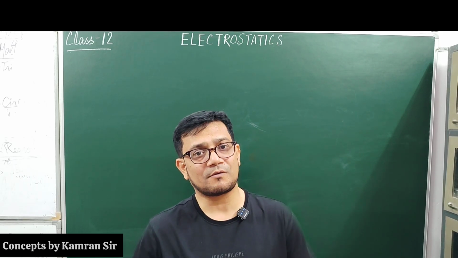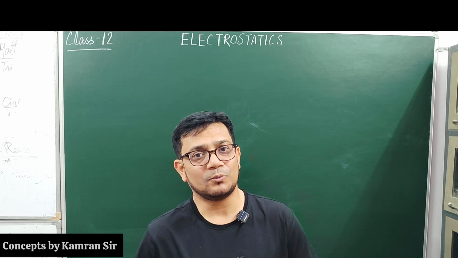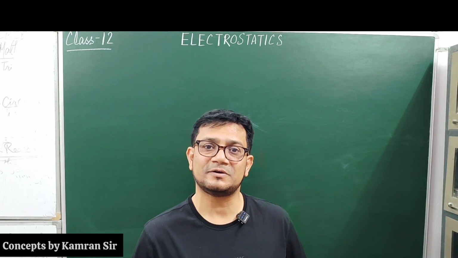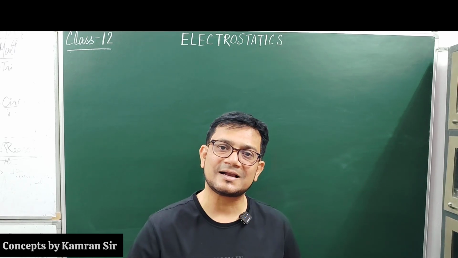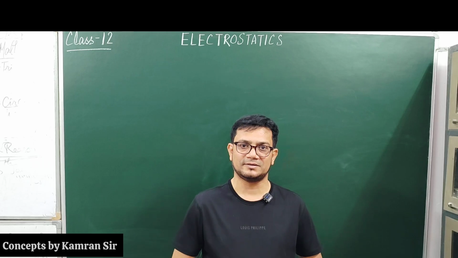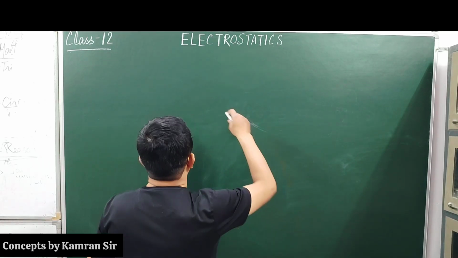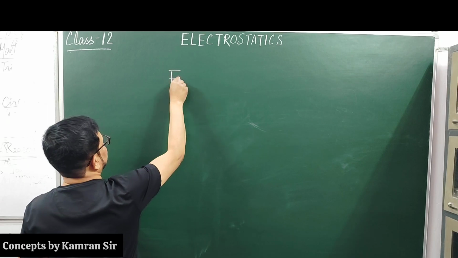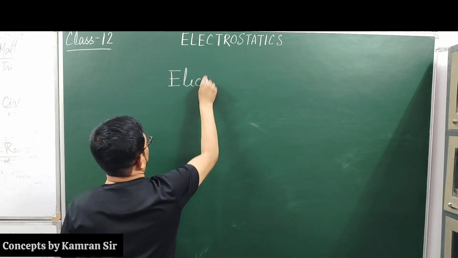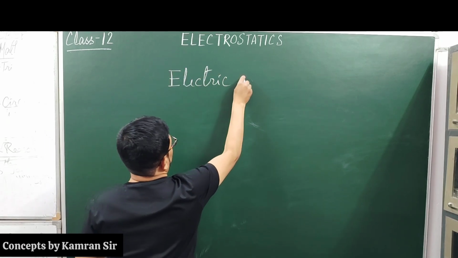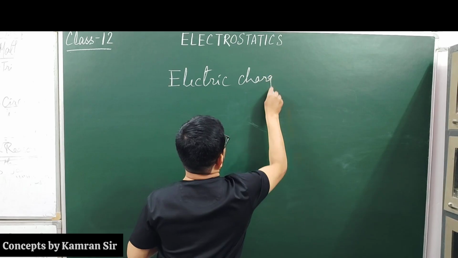So these phenomena, when you perform certain operations, this property comes up. However, before rubbing the comb, we didn't find the tiny bits of paper getting attracted. So what exactly happened? What is the physics behind it? To understand this, let us understand electric charge. What is this electric charge?